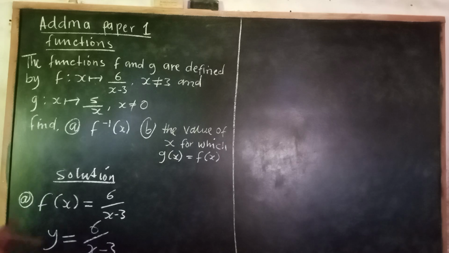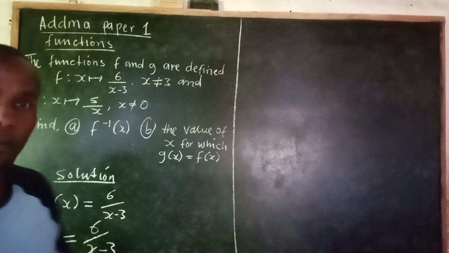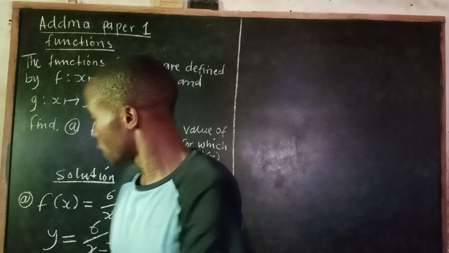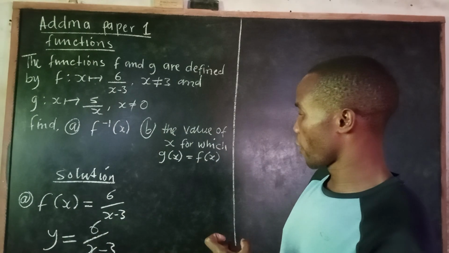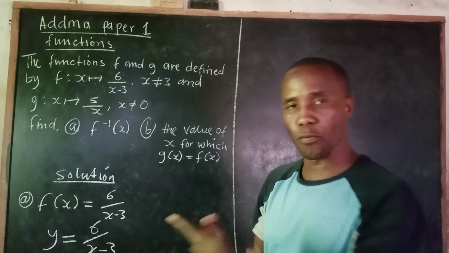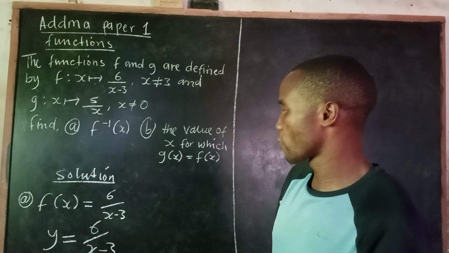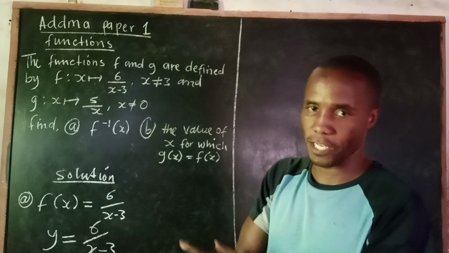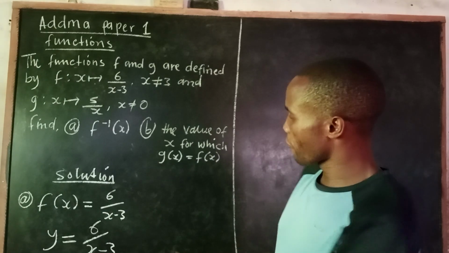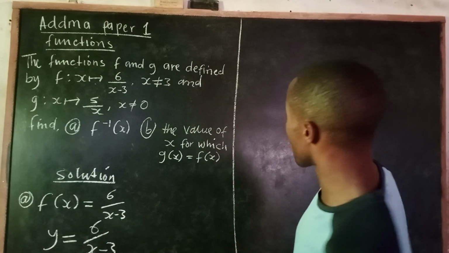Then we make x the subject of the formula, and afterwards we interchange them: where there is x, we put y, and where there is y, we put x.